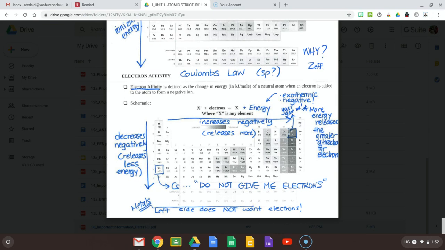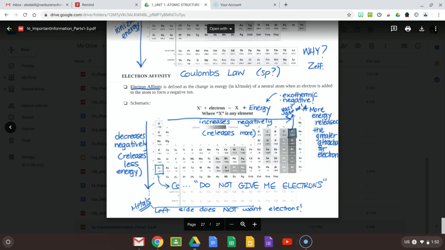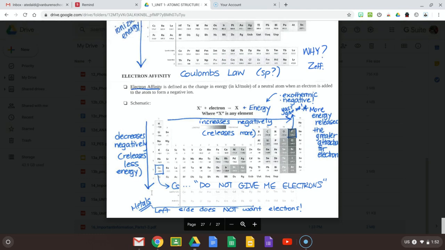Or think of it as money, and that was the analogy that I made in class. Fluorine will pay anything to get that electron. It will pay tons of joules of energy to get that electron. So electron affinity energy increases negatively as you go to the right, and it decreases negatively as you go down a group.